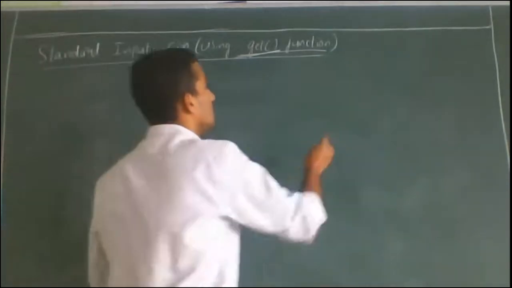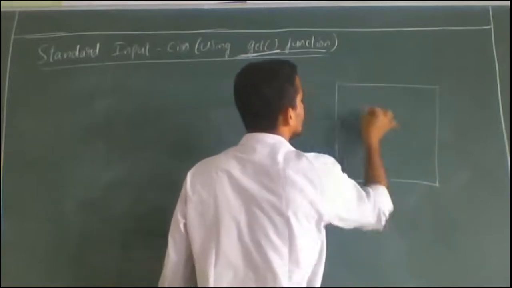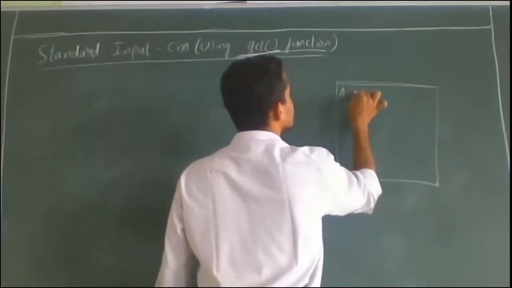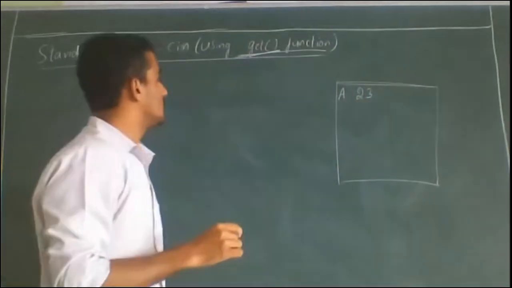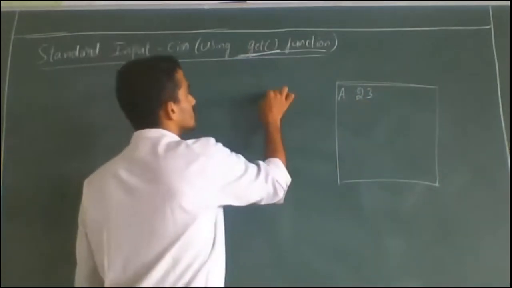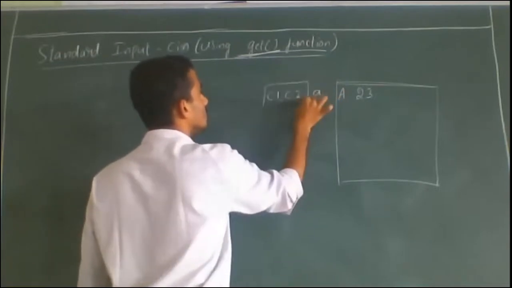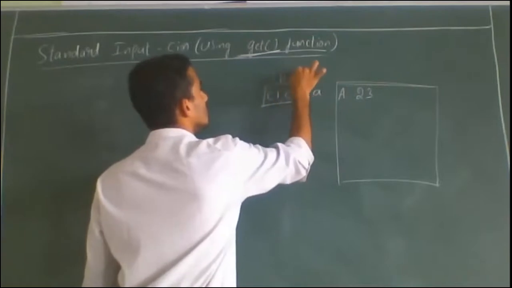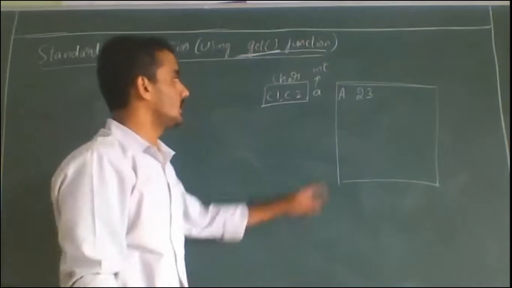So here, if we consider the same input sequence from the console, A space 23, with the same variables C1, C2, and A. C1 and C2 we consider as character, and A we can consider as integer data type. So I've given A space 23.